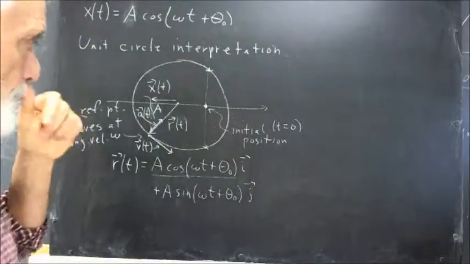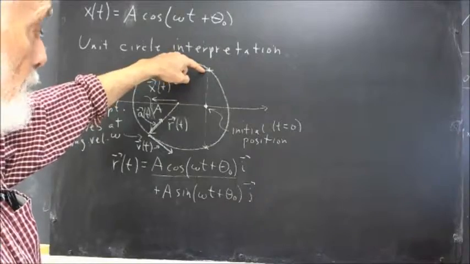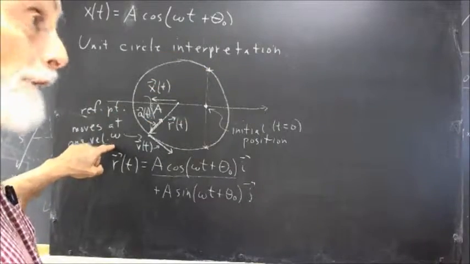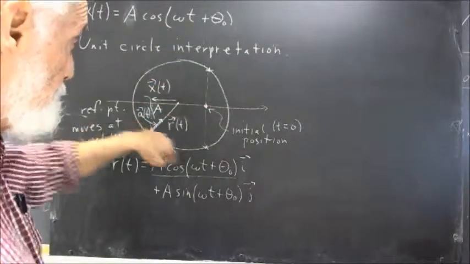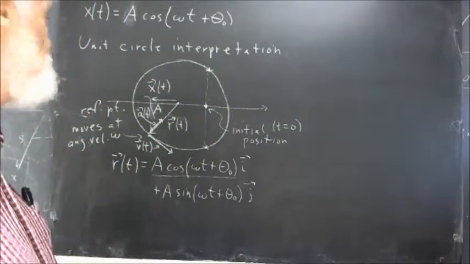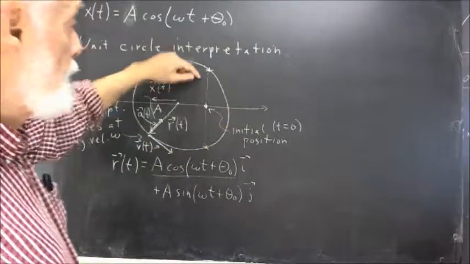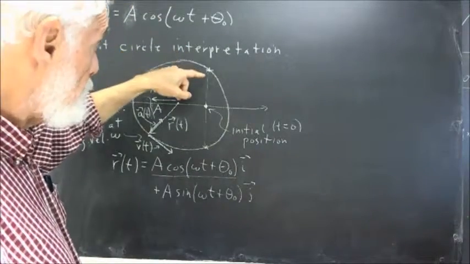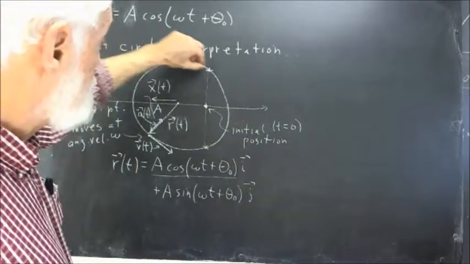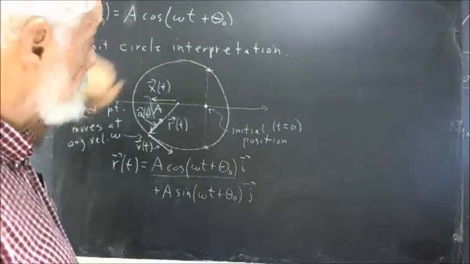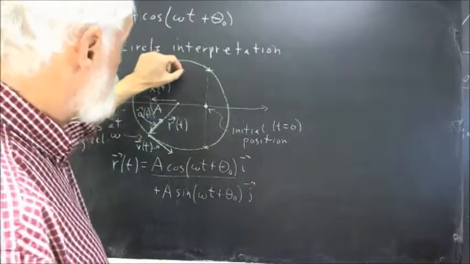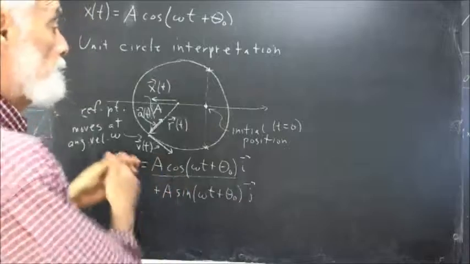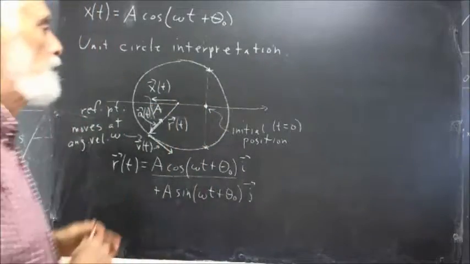Now, if the initial position of the reference point is here, and if omega is positive, then the point's moving around the circle like so. We see that the velocity vector up here is going to be out in this direction, so that its horizontal component is going to be in this direction.